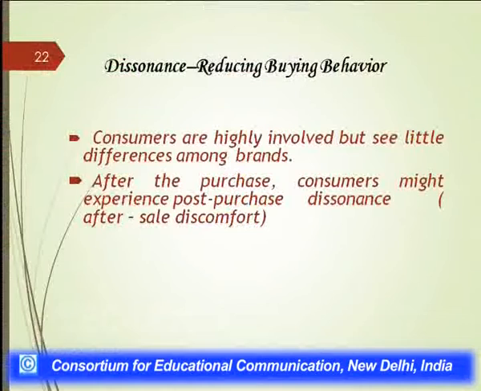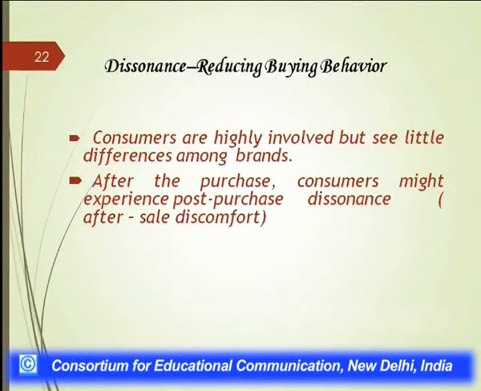Some of the products with respect to which consumers normally exhibit a complex buying behavior include purchases of refrigerators, laptops, apartments, cars, expensive jewelry, and so on and so forth. Let us understand the second kind of buying behavior, which is dissonance reducing buying behavior.